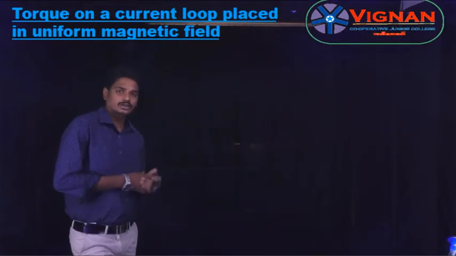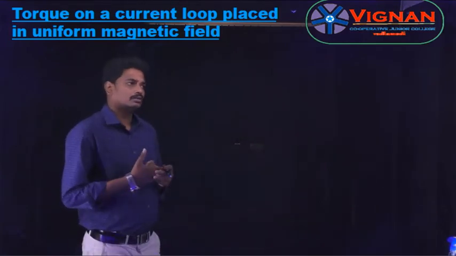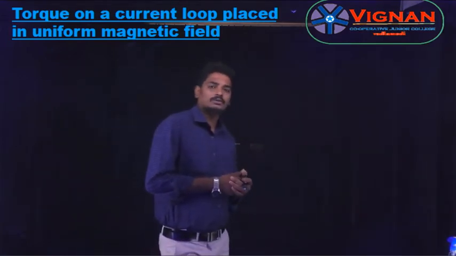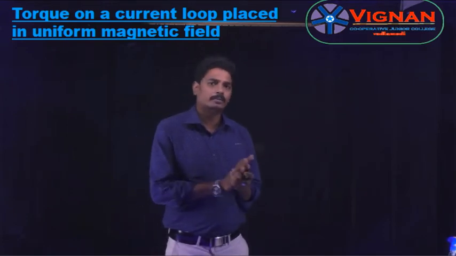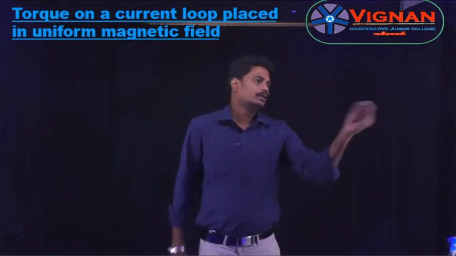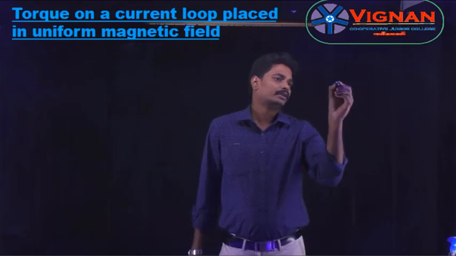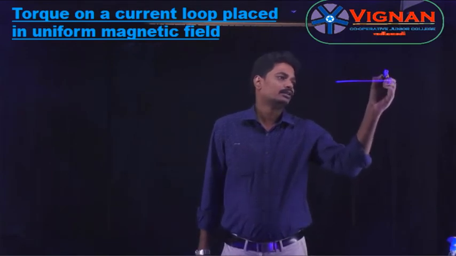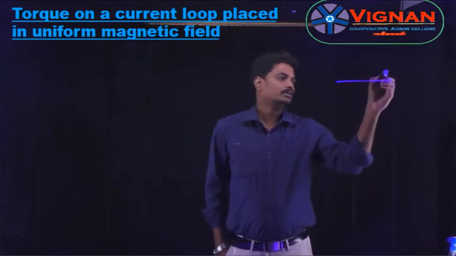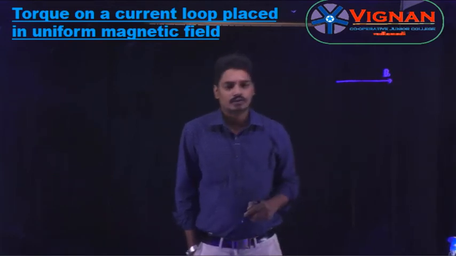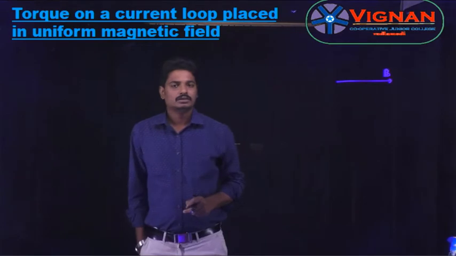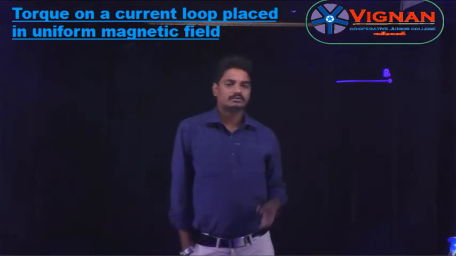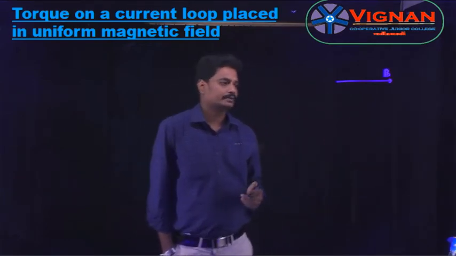Now let us continue our discussion on the torque on a current loop when it is placed at an angle with the uniform magnetic field. Let B be the strength of the uniform magnetic field, with its direction in this manner from left to right.